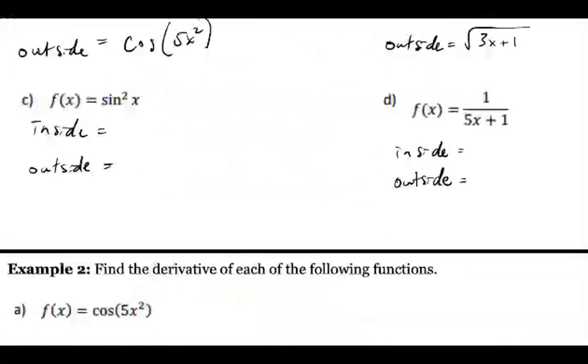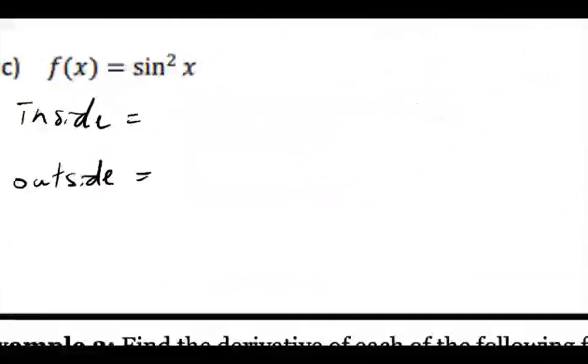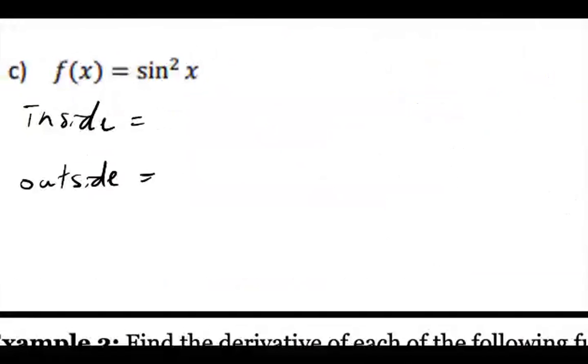This guy here. Remember, this is the same thing as sine of x, and whatever I get for sine of x, I square it. Which one would be the inside function?